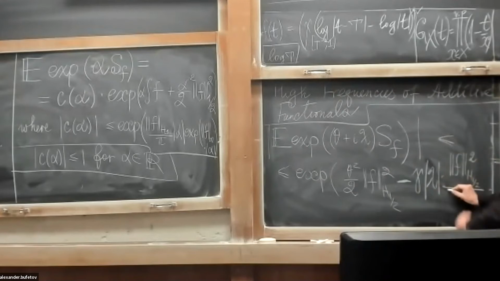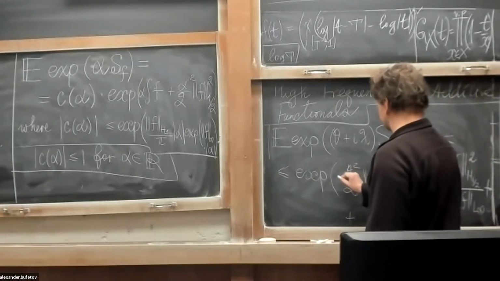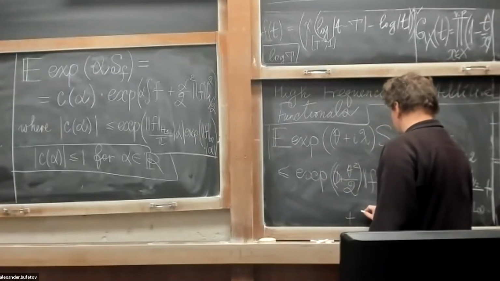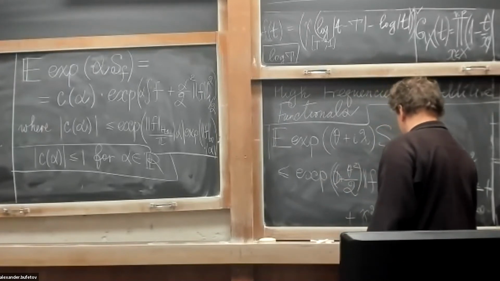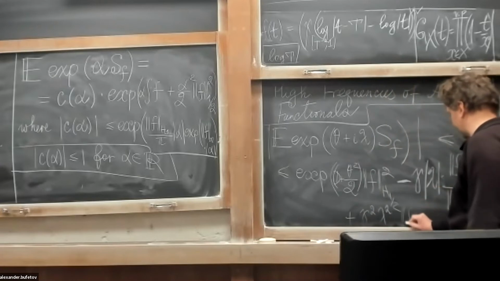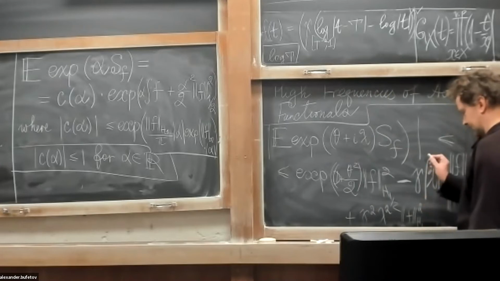Well, I write the term precisely, but these are just technical details that you can ignore. Just plus. So here I want to put plus d. And here I put gamma squared lambda squared f h1 squared plus some d.